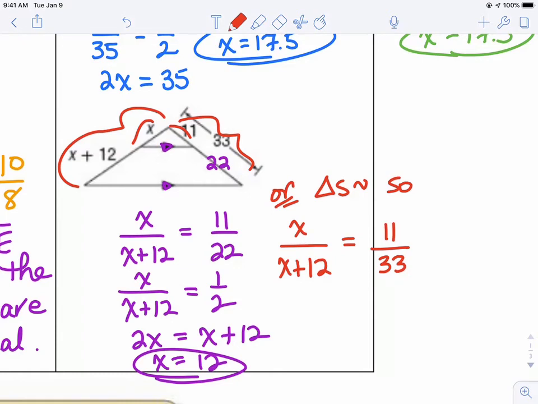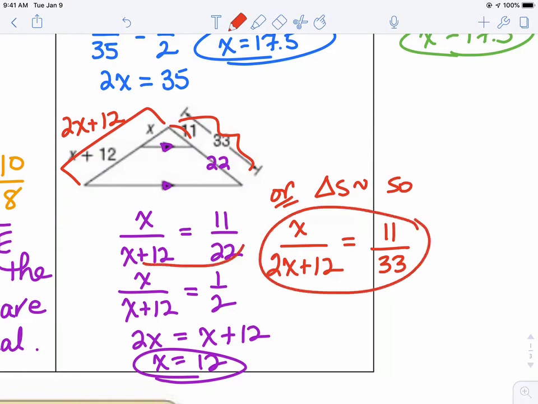Oops, sorry, mistake, wrong. Let me fix that. x is to 2x plus 12, as 11 is to 33. I marked it, but I wrote the wrong thing. And notice these proportions are different because the bottom of the left one is 2x plus 12 instead of x plus 12. And if you cross multiply this, you'll get the same answer.